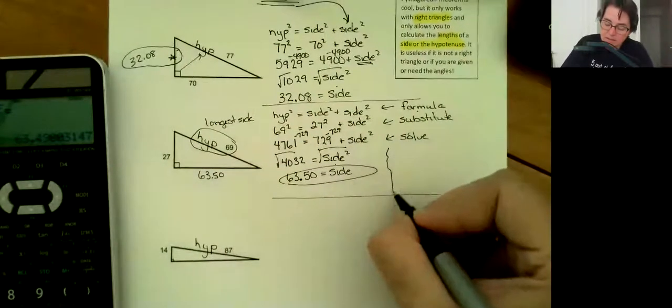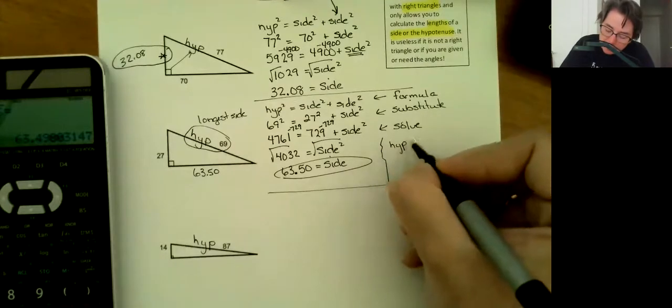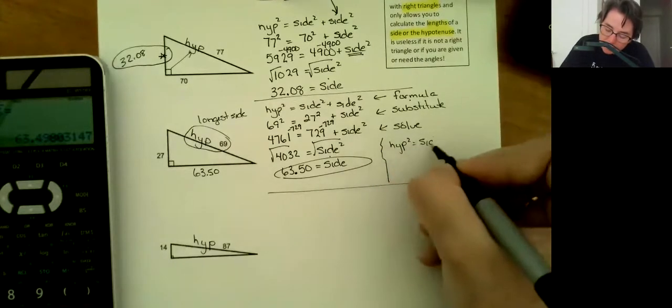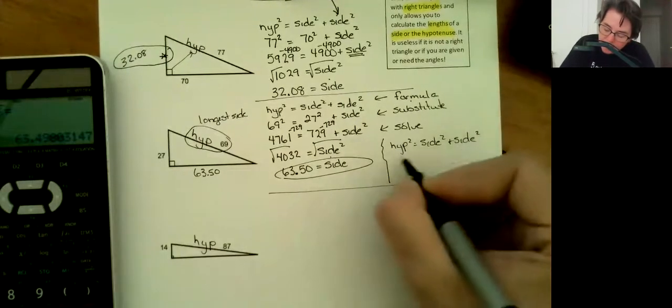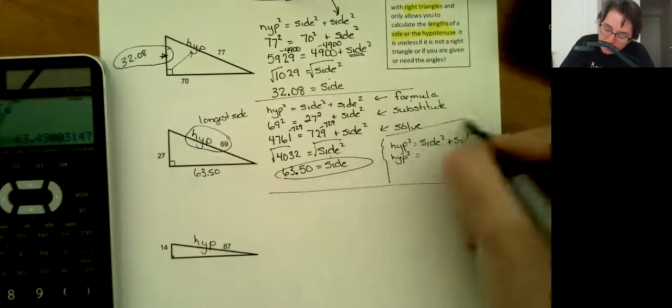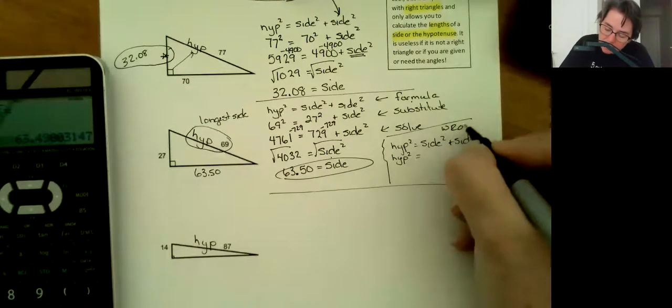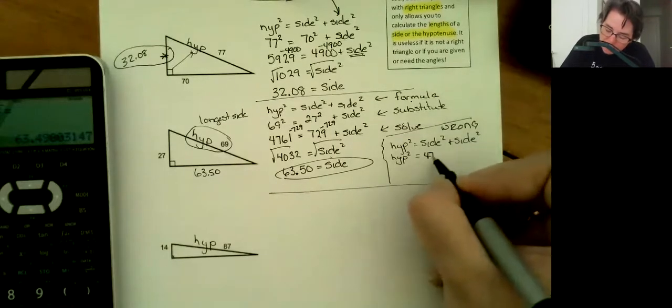I'm going to show you what happens here if I mess up, and I just like my formula. Okay, I'm going to label this as wrong. I'm going to get 4761.